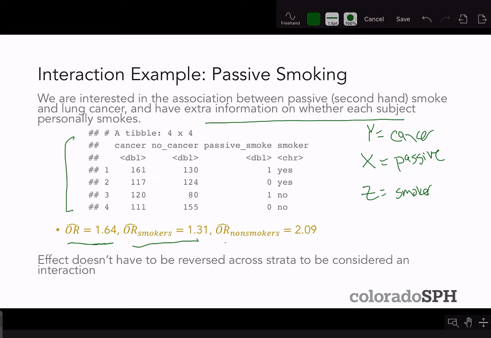And in the subset of data of non-smokers, that odds ratio is 2.09. So as you can see, the odds ratio in the non-smoking group is quite a bit higher than it is in the smoking group. And in this case, the effect isn't reversed across strata, it's just different. And that's okay. It can still be considered an interaction if it's not reversed, as long as it's different.